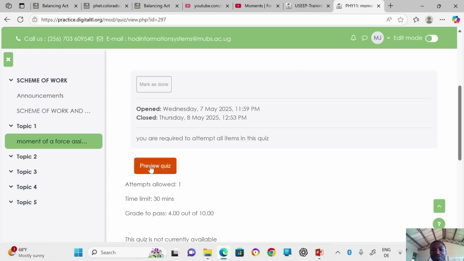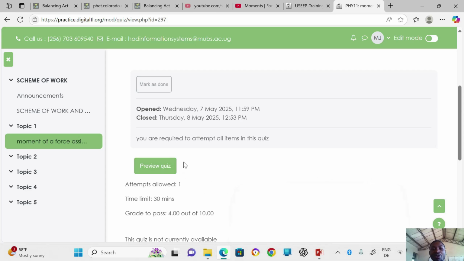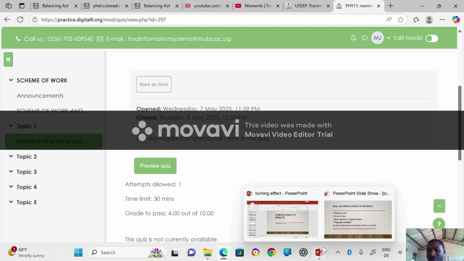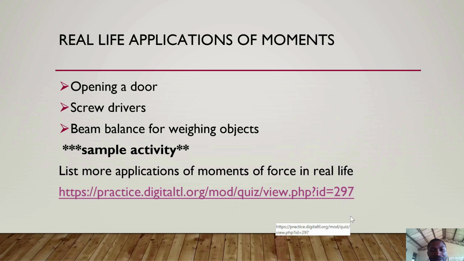Allow me not to preview the quiz, because then I'll have opened it. The moment you open that link, it will directly take you to the quiz. You log in, then you attempt the quiz. Then I'll be able to see the attempt that has been done. That is the Ministry of Education portal. When you tap that, it will take you directly.